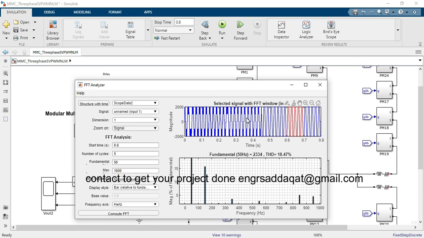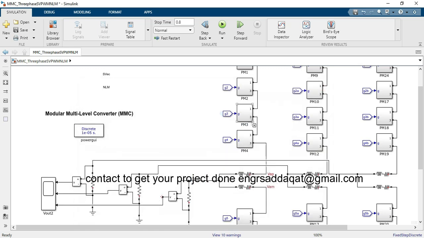The space vector gives a satisfactory result, but compared to NLM it is still not as good, and the PWM is not good enough, which is why it is not used with systems such as MMC HVDC with a high number of switches and submodules. So that's all about this video.